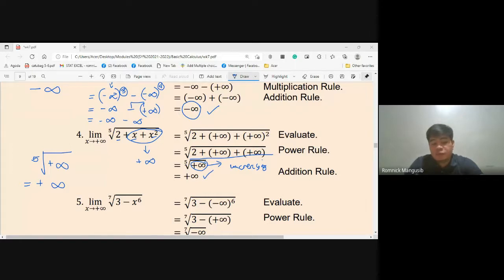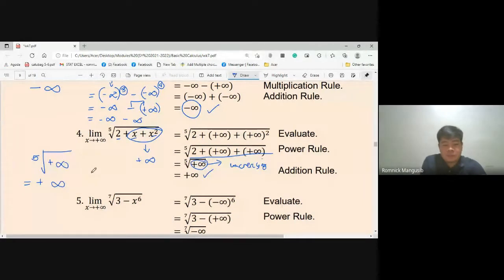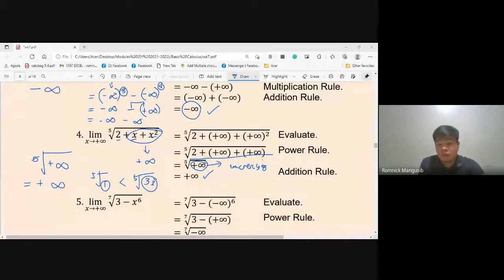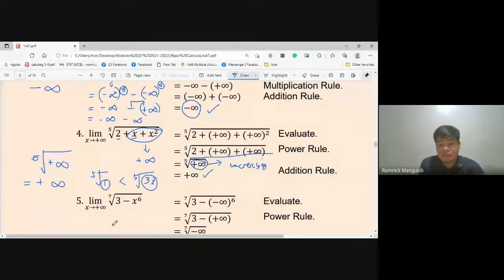So it means, therefore, fifth root of 1 versus fifth root of 32, where 32 is greater than 1, then definitely fifth root of 1 is less than fifth root of 32. So ang ibig sabihin din nito, so kung lalakihan mo ang radicand ng isang fifth root function, radical function even, add radical function, then lumalaki yung number. It is increasing the value.